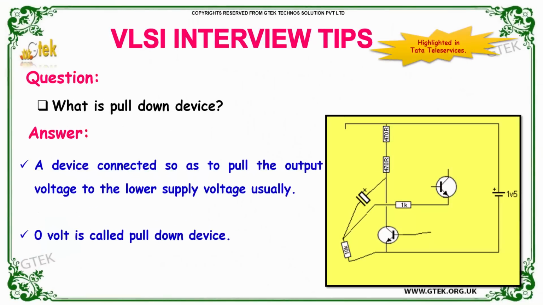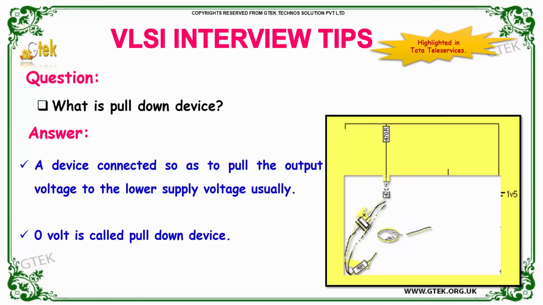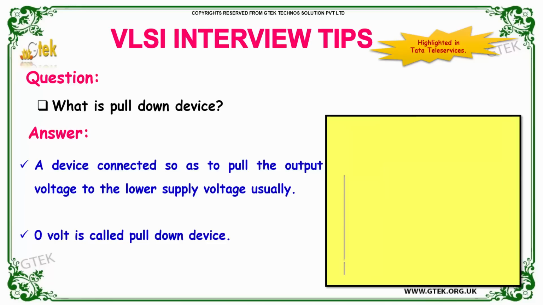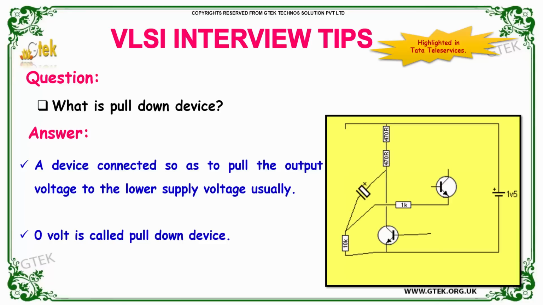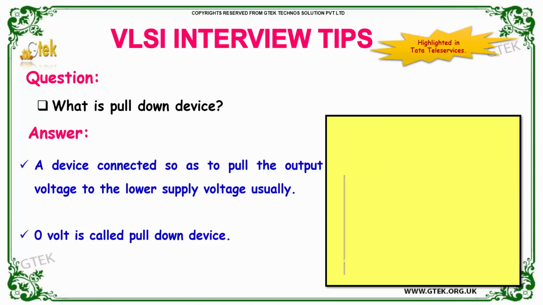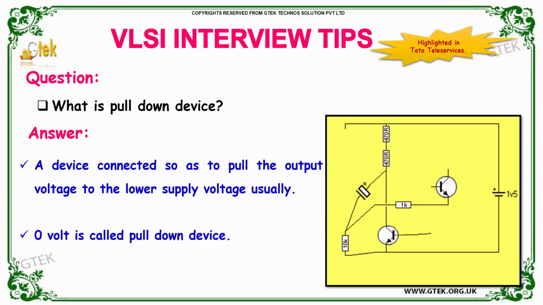Here we have the next question. What is meant by pull down device? The answer is the pull down device is nothing but a device which gets connected so as to pull the output voltage to the lower power supply voltage.